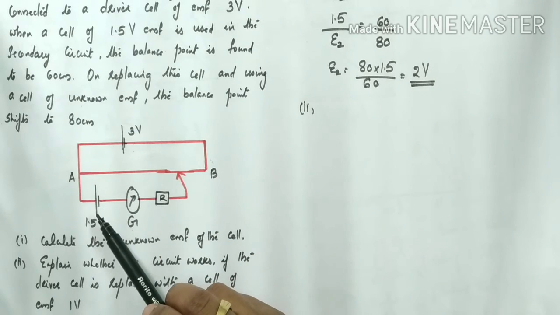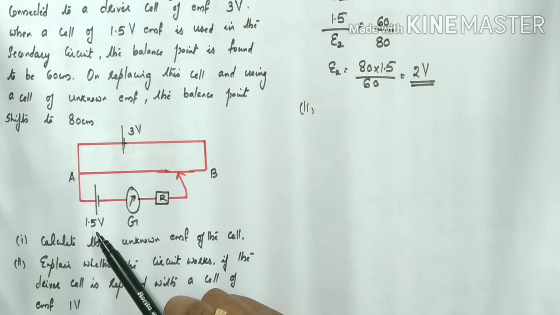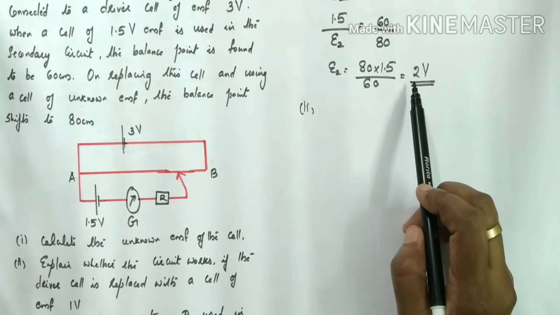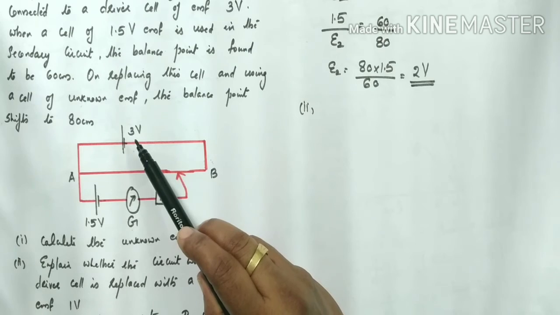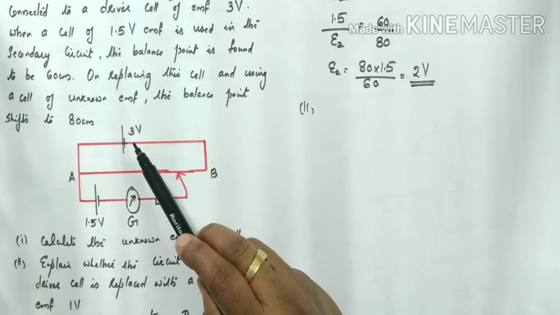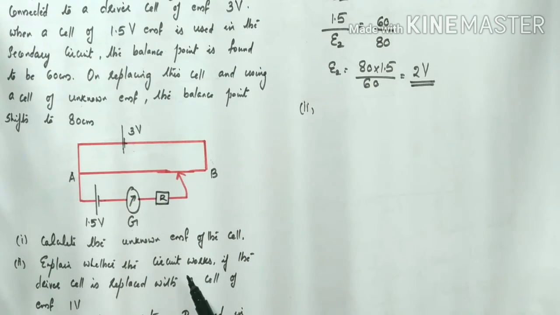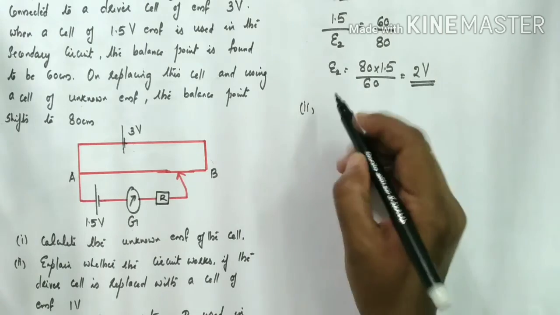No, because the EMF connected in the secondary is 1.5 volt and 2 volt. So if it is 1 volt, it does not work. If it is 3 volt or more, then only it works. So the question is whether the circuit works if the driver cell is replaced with a cell of 1 volt; the circuit does not work. That is the answer.